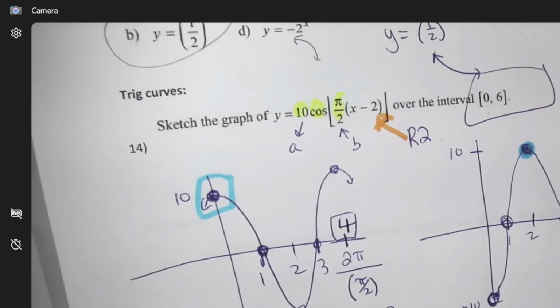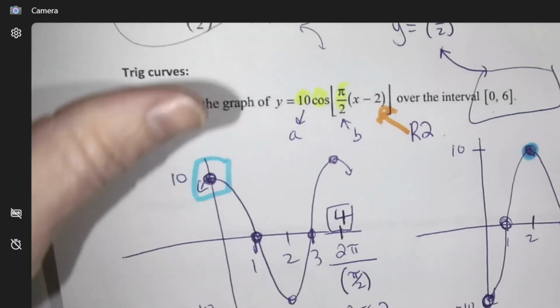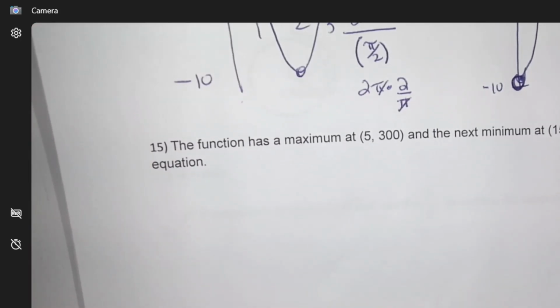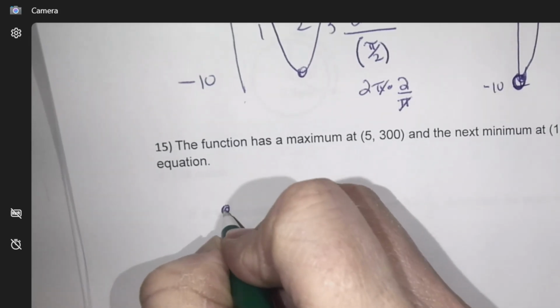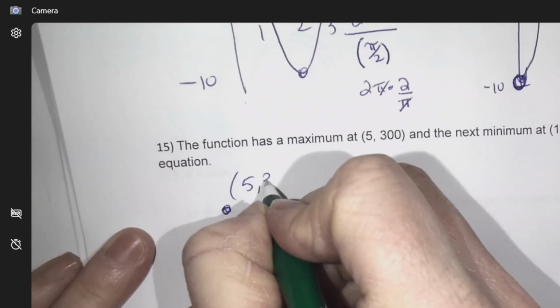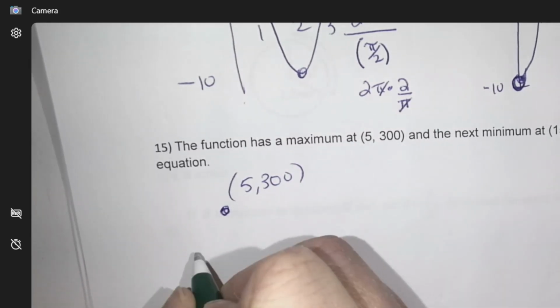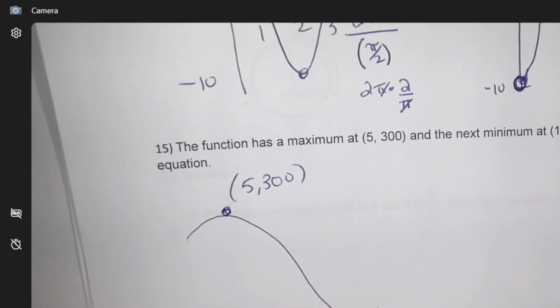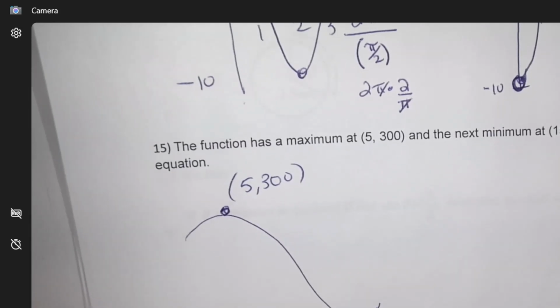Okay, graphing trig, and then this is working backwards to make a trig equation. So we have a maximum at 5, 300, and then we're going to hit a minimum at 15, 100.